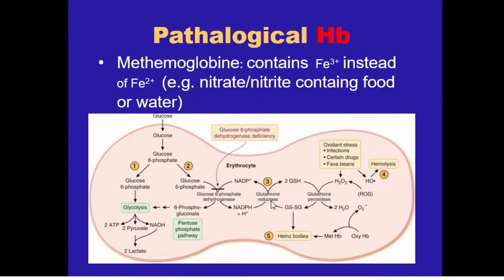The glutathione reductase system uses NADPH2 for the reduction of glutathione. NADPH2 is formed in the pentose phosphate pathway, mainly by the action of glucose 6-phosphate dehydrogenase. Glucose 6-phosphate is a substance that is oxidized by this enzyme.